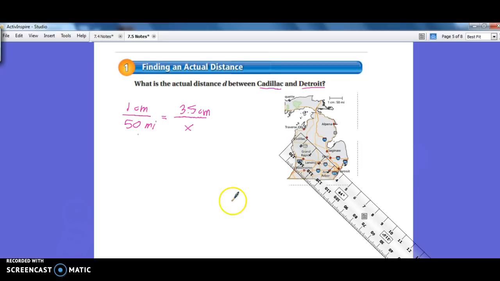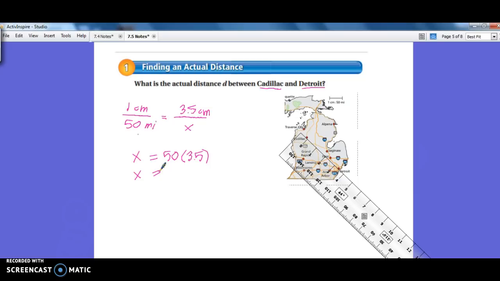So recall that when you are solving a proportion, you're going to want to cross multiply and then divide. So I know that 1 times X is simply X. And then if I were to multiply these two together, that means X equals 50 times 3.5. Okay, I need to then multiply my two numbers together.